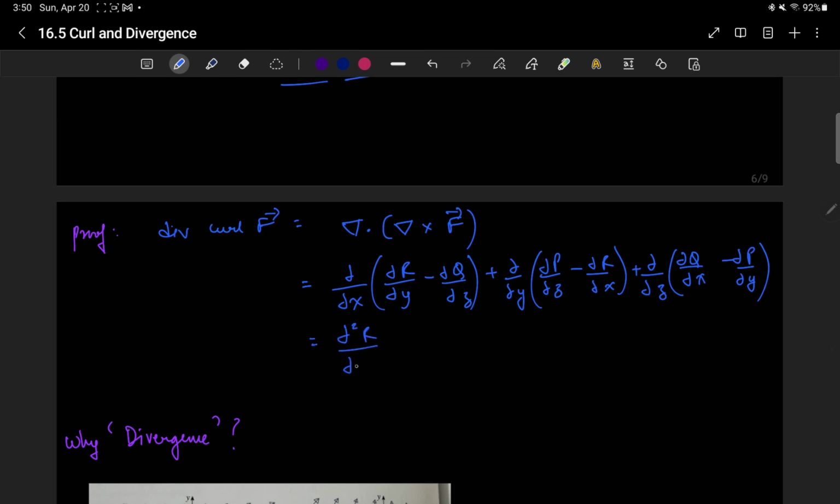You will get a bunch of second order partials, but a lot of them will be similar and therefore get cancelled out.